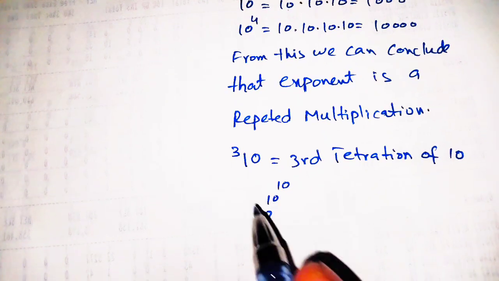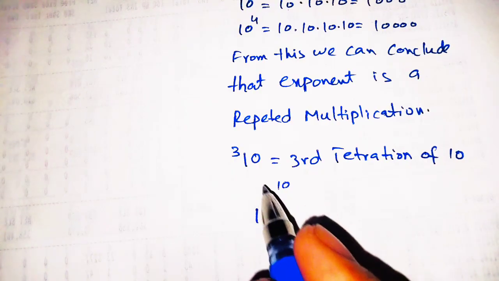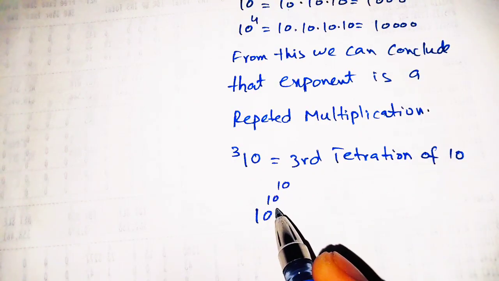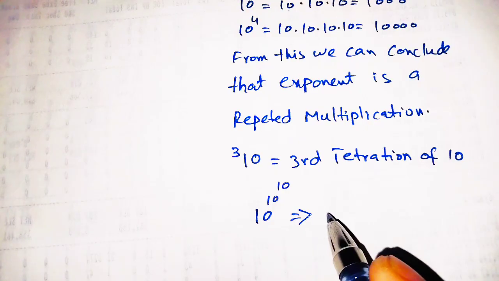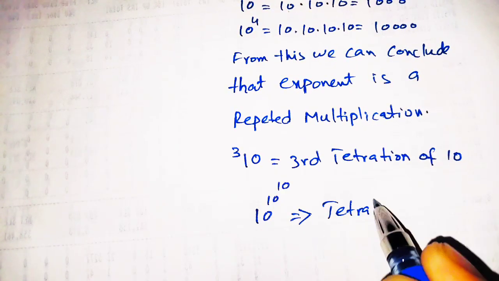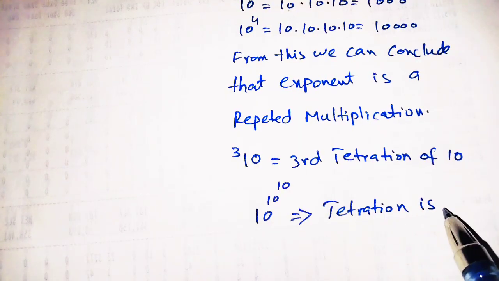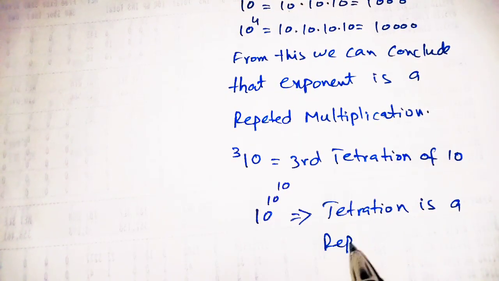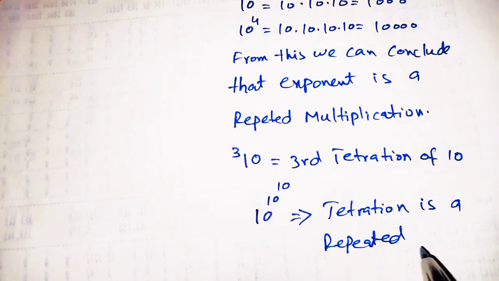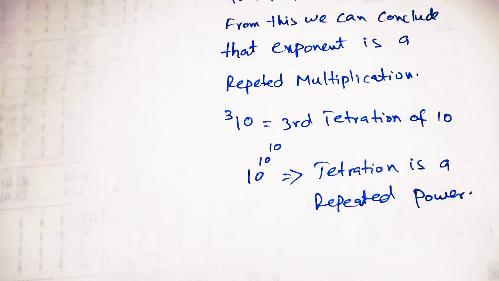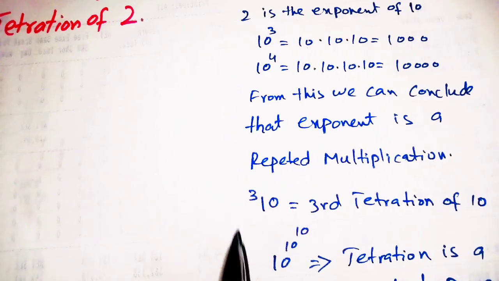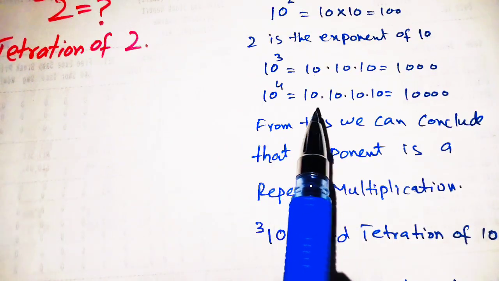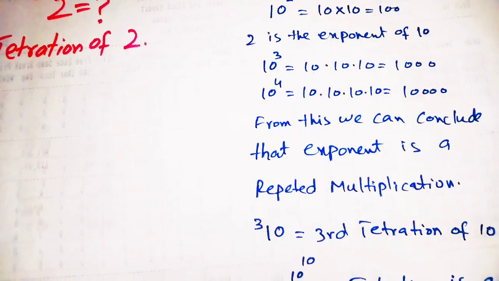So from this we can conclude that tetration is a repeated power. The repetition of power is involved in tetration, whereas in exponent there is a repetition of multiplication.